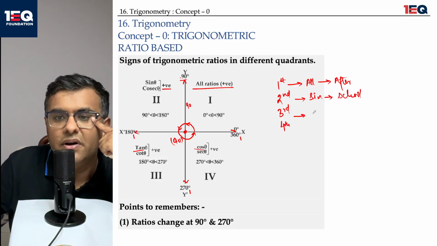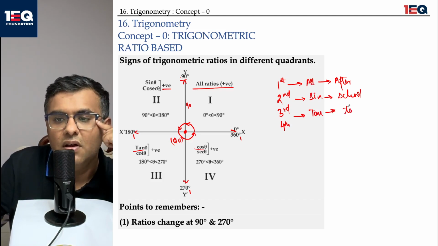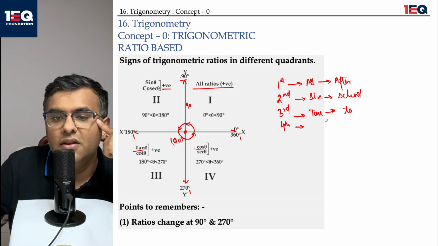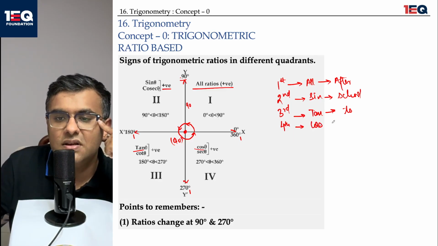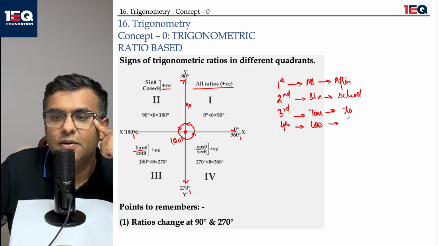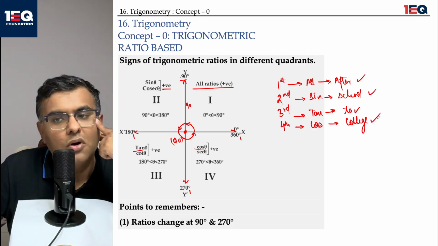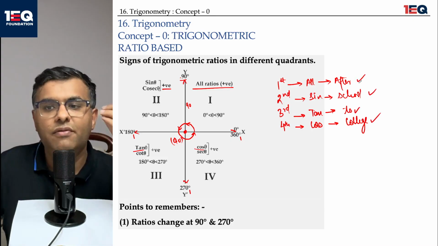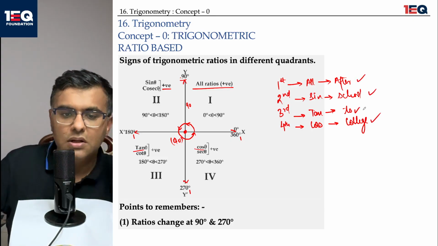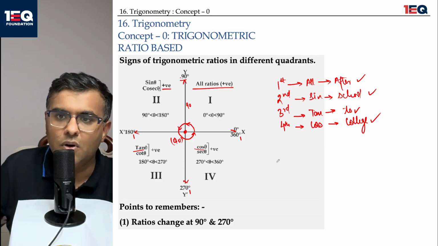In the third quadrant, tan is positive, and I would give it the mnemonic "to." And in the fourth quadrant, cos is positive, which I would give the mnemonic "college." So after school to college. This is the mnemonic that we really want to talk about.